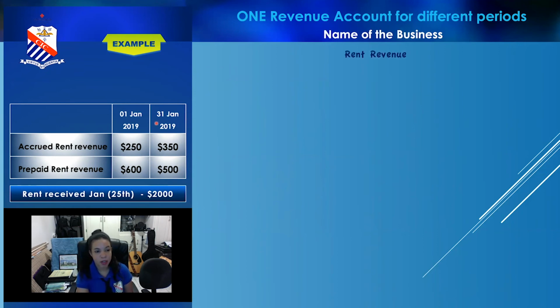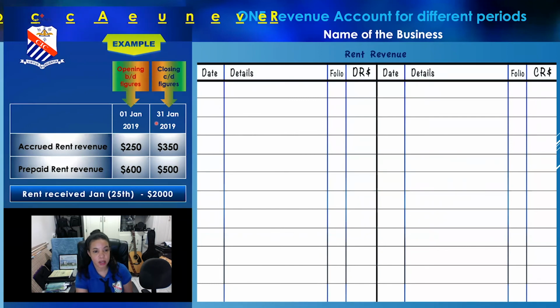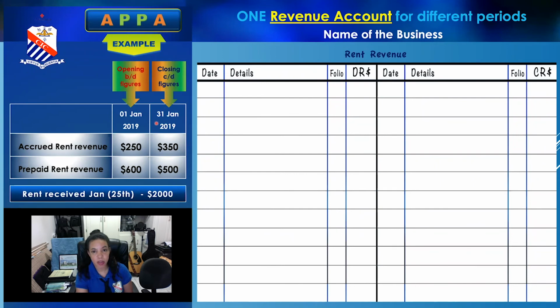The name of the revenue is rent revenue in this case, and you have your T account there, and we will start with our opening figures, remembering that we are not using PAAP, we are using APPA because of the total switch, because expenses and revenue are the opposites of each other, right?